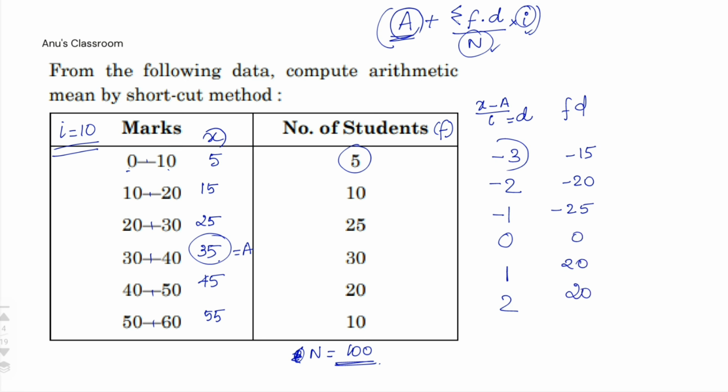Now I need to find the summation of F into D. The summation of FD comes to be minus 20. Don't worry because there is a negative; there is no need to worry about it.